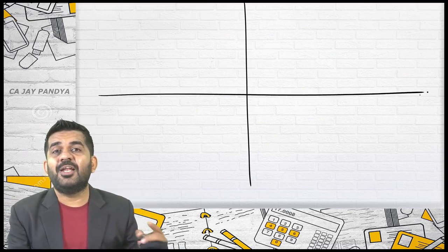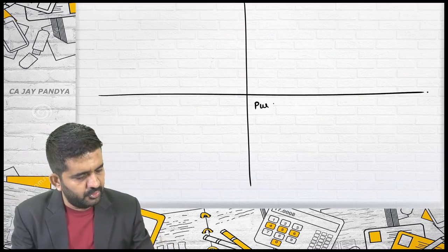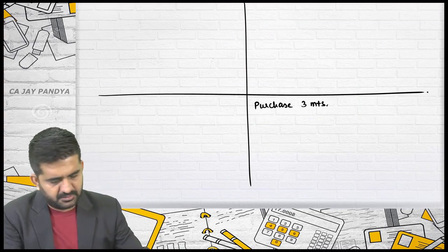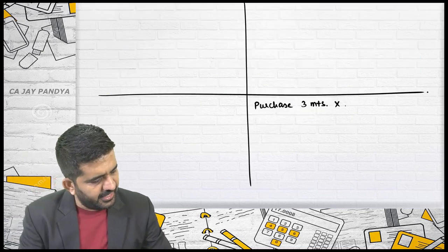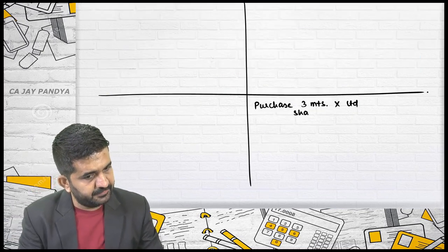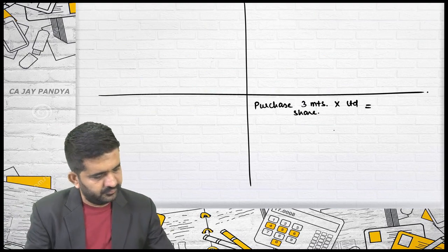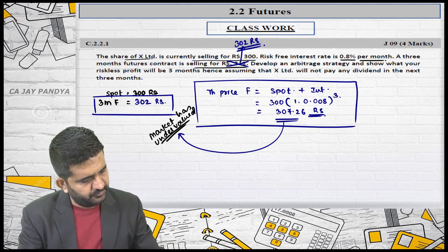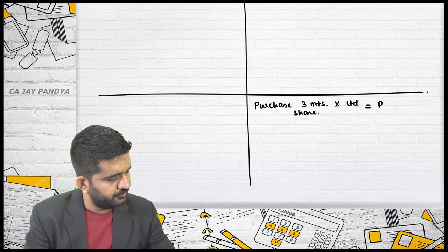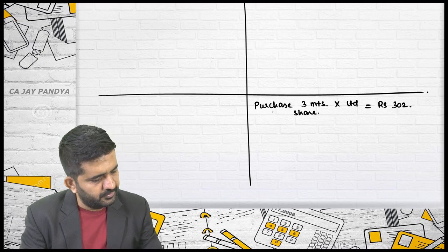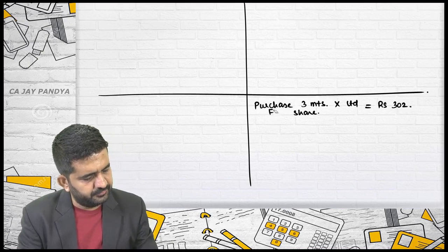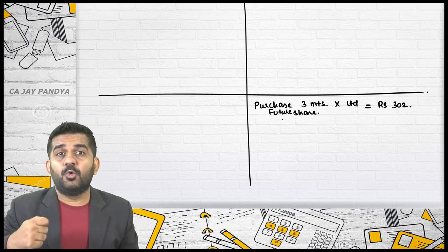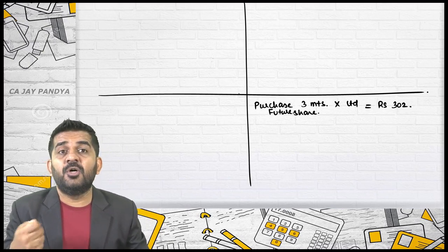Anything which is undervalued by the market, you should purchase it. Purchase 3 months X limited share at the rate of rupees 302. This is a forward, a future. Whatever you are doing in future, take a reverse position today.